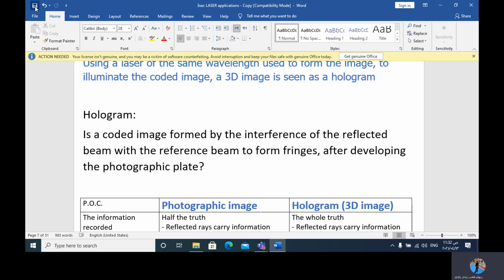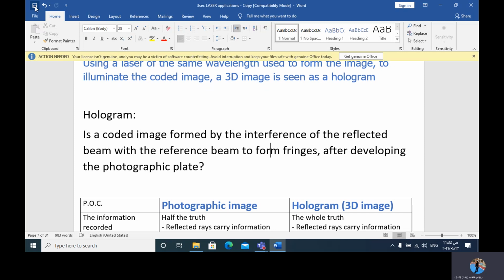So as we said earlier, a hologram is formed simply not like a normal image, but as a result of interference between 2 beams of light. One of them coming from the object, reflected rays, and the other one is called the reference beam. And they interfere with each other, and the result of their interference is fringes, and these fringes will code the image on the photographic plate.